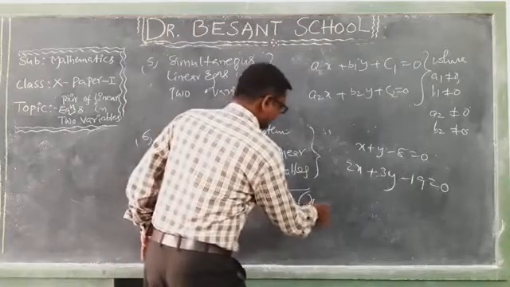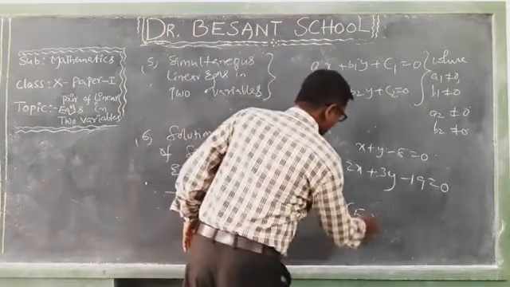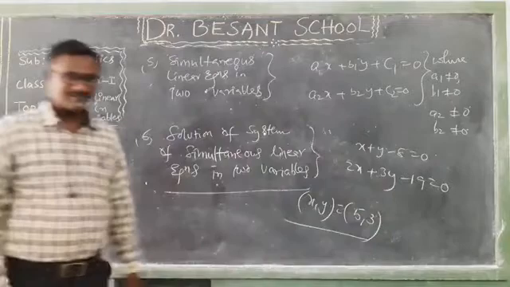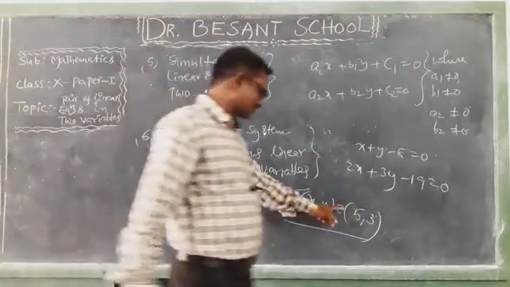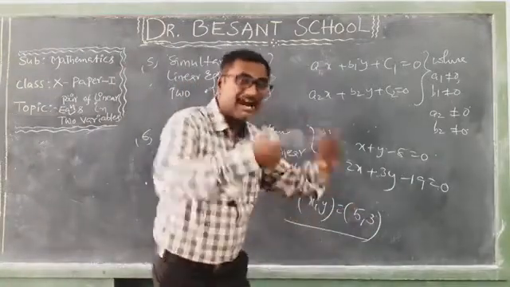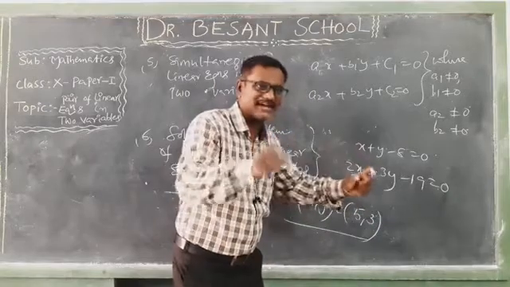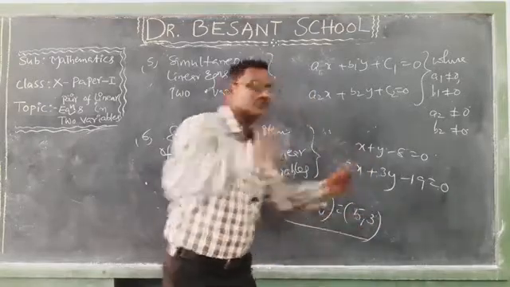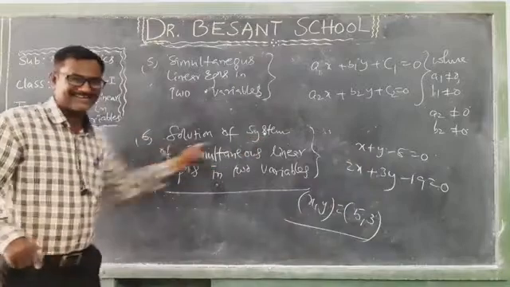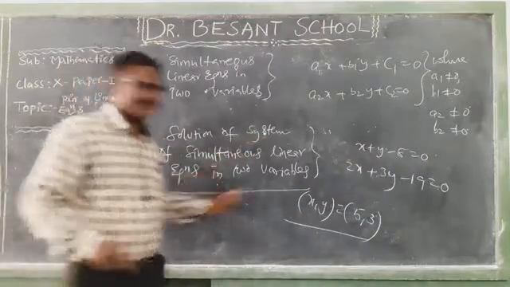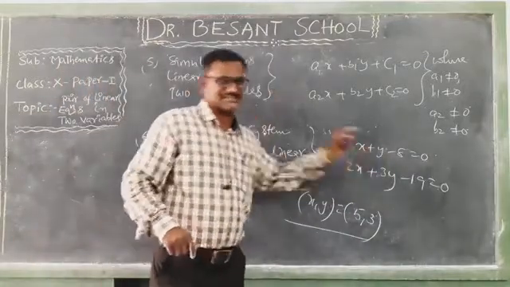Let us see the ordered pair (x, y) = (5, 3). For what values of x and y is this pair of linear equations satisfied? That is called the solution for the system of these linear equations.